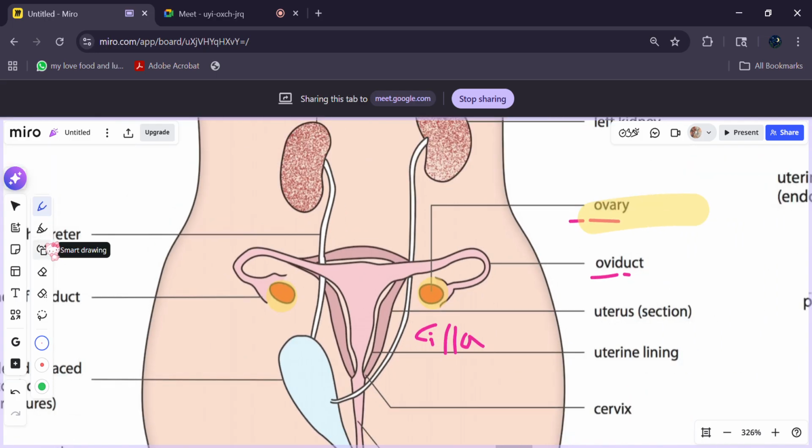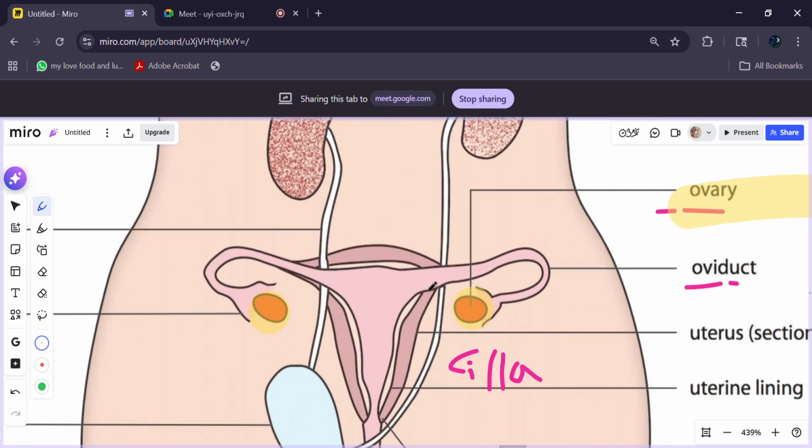The uterus is this entire funnel-like shaped part. Now what does the uterus do? The uterus, plural uteri, or womb, is where the fetus, or unborn baby, develops during pregnancy. That means after fertilization occurs, this is where the baby develops.